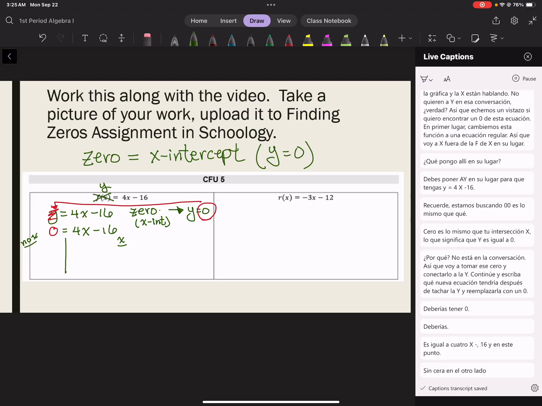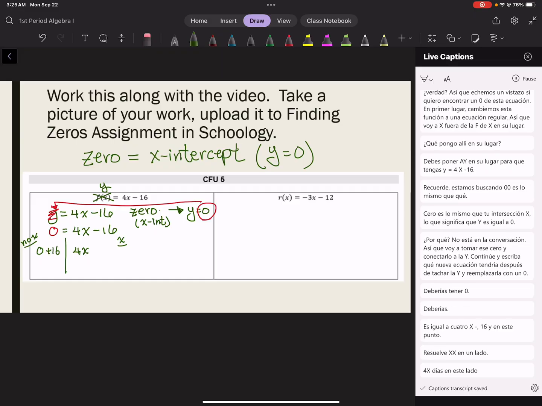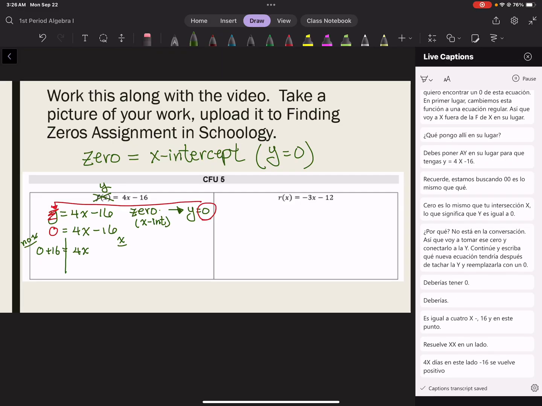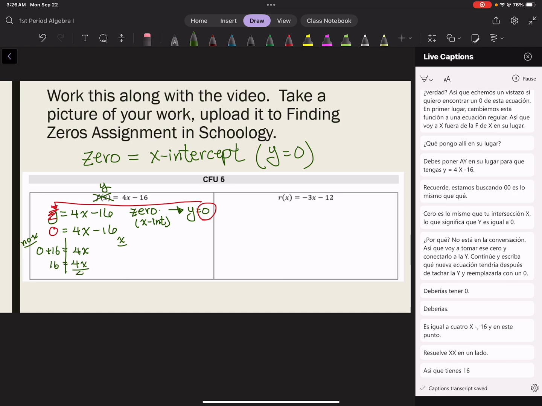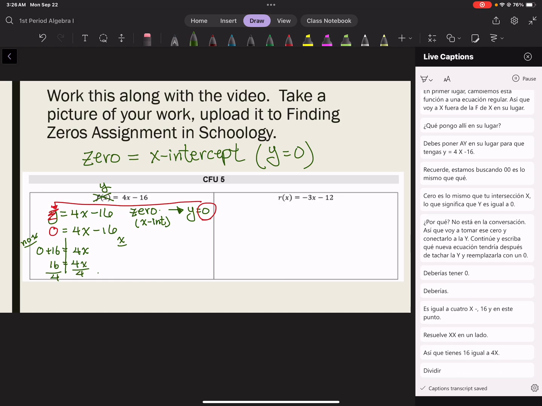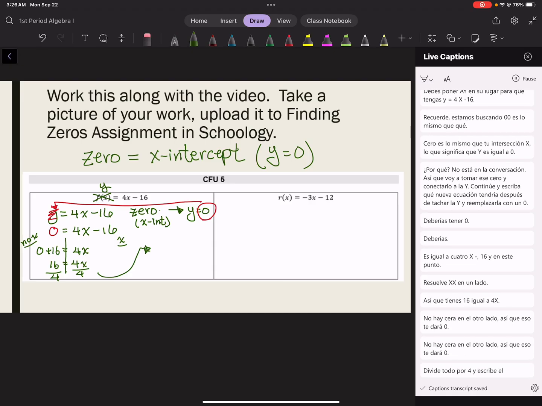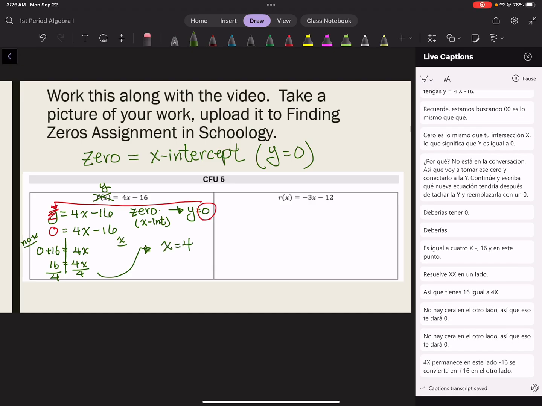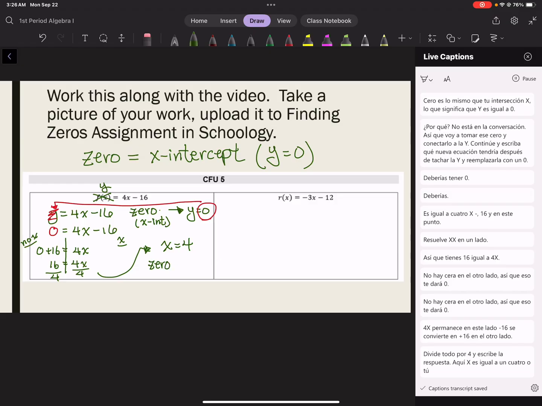So that's going to give you 0. 4x stays on this side, minus 16 becomes positive 16 on the other side. So you have 16 equals 4x. Divide everything by 4. I'm going to write the answer up here. X is equal to 4. Or you can write the 0 is 4.